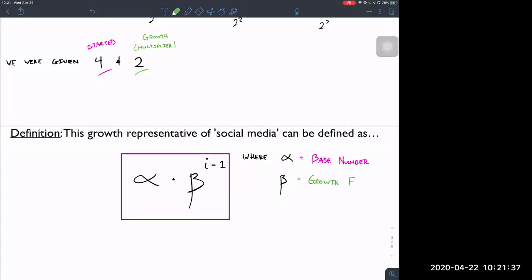I like to call it a growth factor because you're growing by a factor of 2 every time, okay? And then i just represents, not interest rate, right? We're not talking about interest rate here. This is the day or days in question.